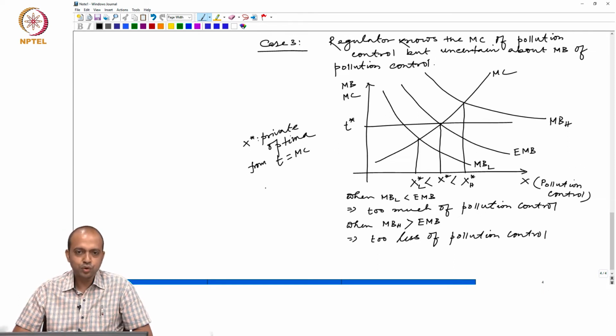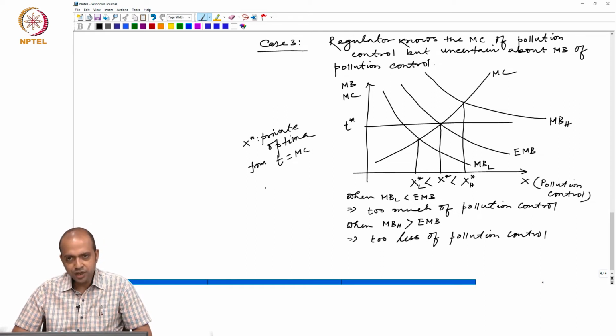Then you draw your actual MC or MB depending on the assumption, and then you try to derive the private optima by equating T equals to MC, social optima by equating MB equals to MC, and then you see whether the socially desirable level of pollution control derived from the MB equals to MC condition is higher or lower than the private optimal level of pollution control, which is decided by T equals to MC.